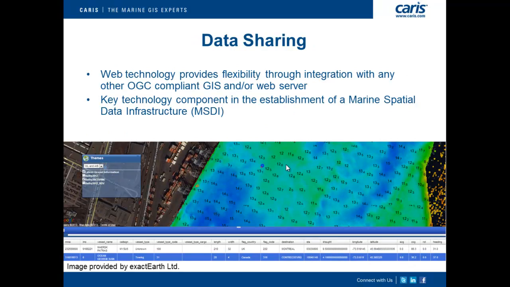One interesting project that I wanted to share with you all, here we have a user who wanted to integrate several layers of data into their decision support system, which is a web portal. The image that you're seeing on the screen shows bathymetry residing in the B2B server alongside vessel positions and vessel draft provided from the Exact Earth AIS web services.